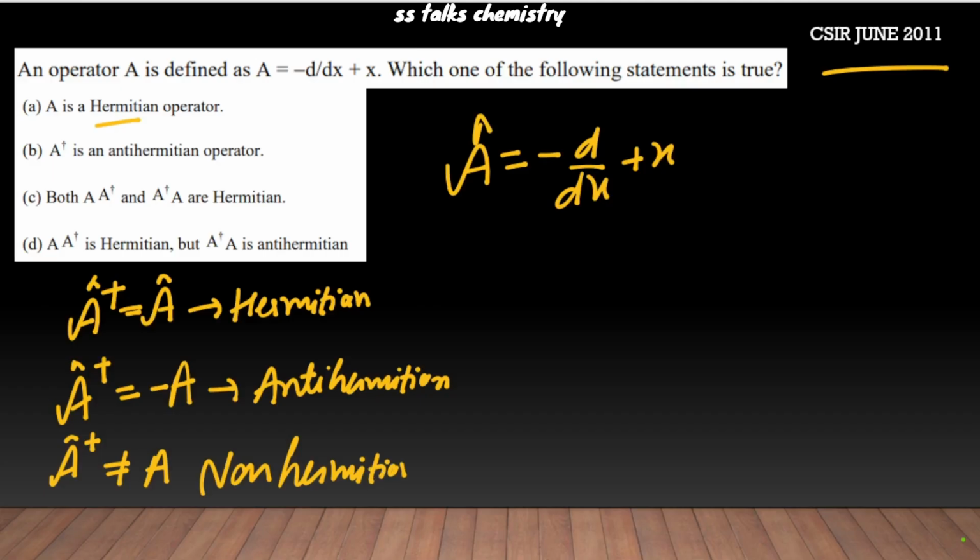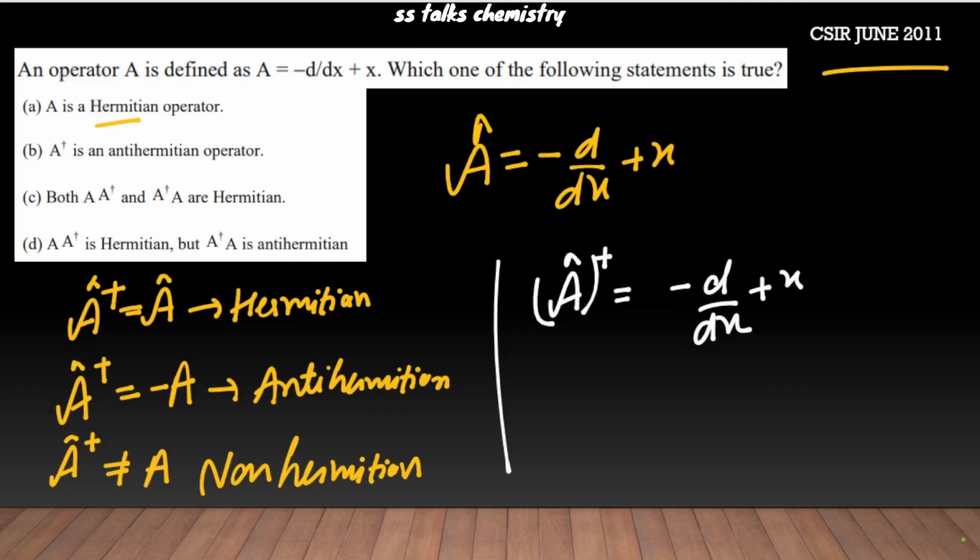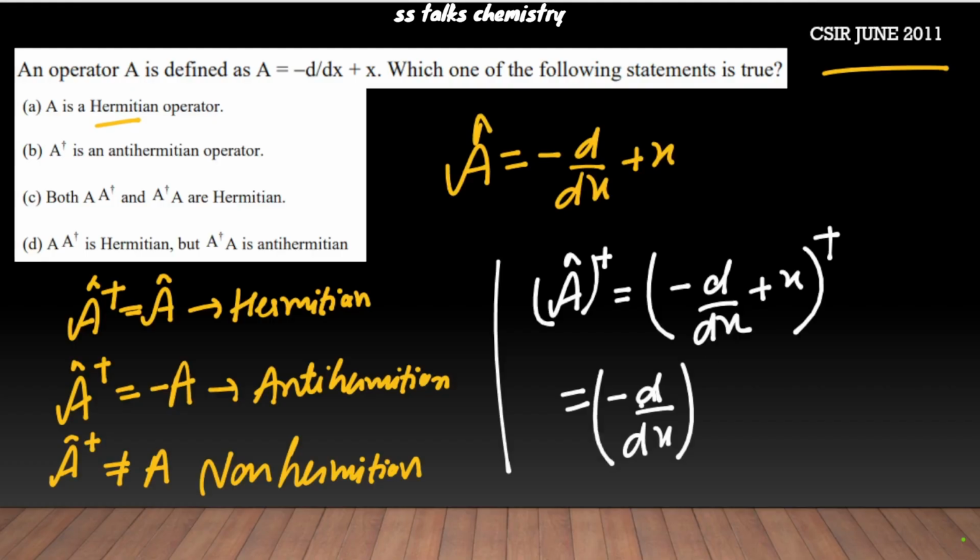Okay. So now these properties, these values we need to find for this given A operator. So I'll be taking the dagger of it. That is going to be minus d by dx plus x, its dagger. On opening this, it will become minus of the d by dx dagger, plus x dagger.